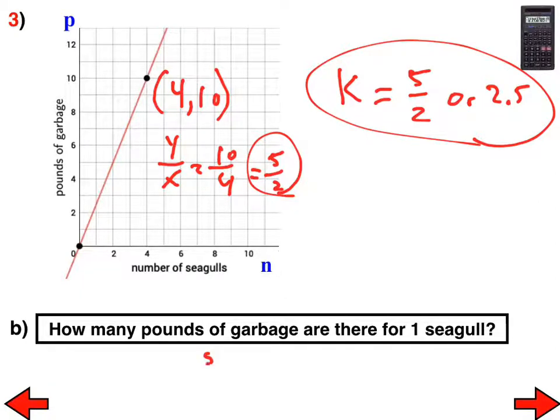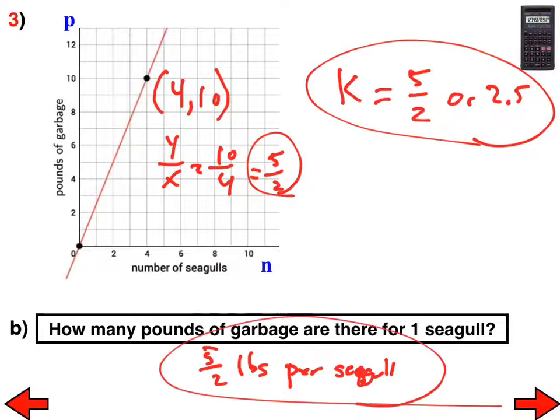There are 5/2 pounds per seagull, or 2.5 pounds per seagull. That's just a different way of asking for the unit rate, because that's what a unit rate is. How much of something for one of something else. All right, so you now should be able to do part C and part D. Everybody do part C and part D.